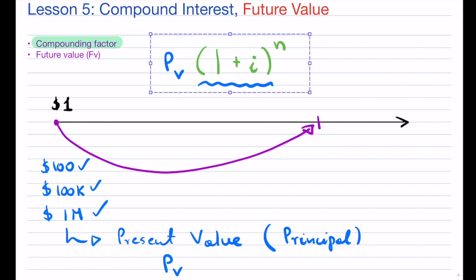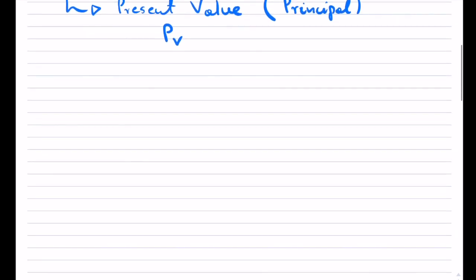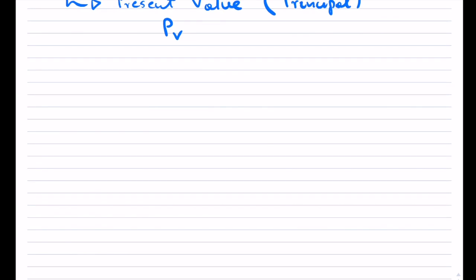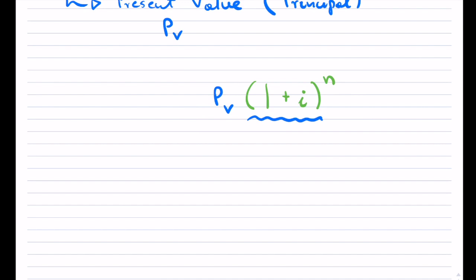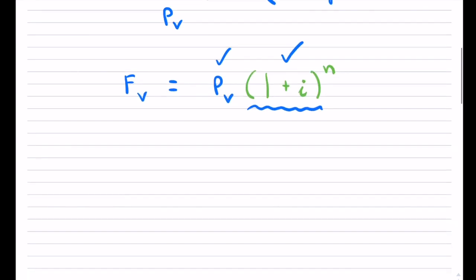This actual formula that we have is now the future value formula of any amount that we may deal with. So our future value is simply nothing else but the compounding factor of a dollar multiplied by any amount that you would like to invest, for instance. Okay, so this is our formula.